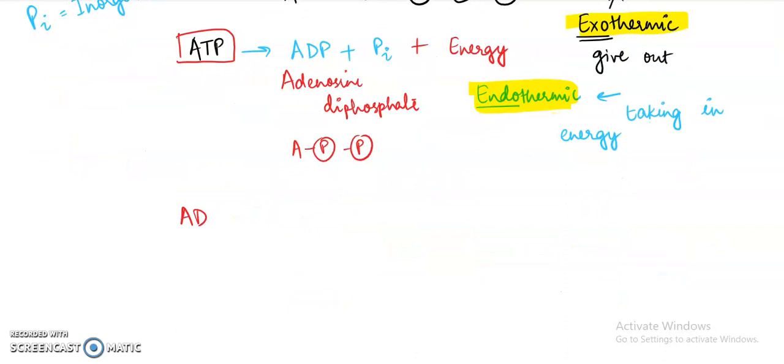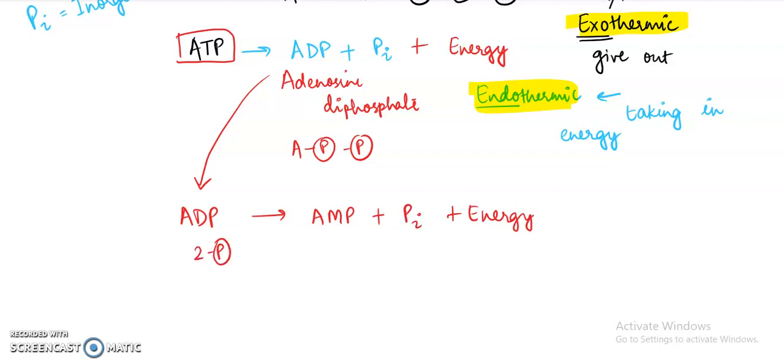Now this ADP can further be used to form AMP plus Pi plus energy, because ADP has 2 phosphate groups, right? So it can break down to form adenosine monophosphate. Monophosphate means just one phosphate group is there, as one has been separated to give energy.